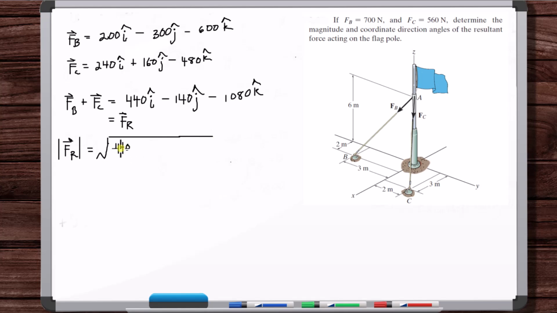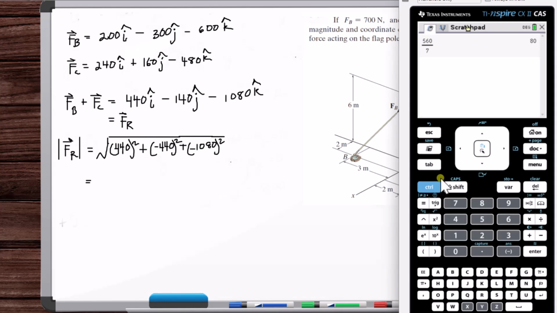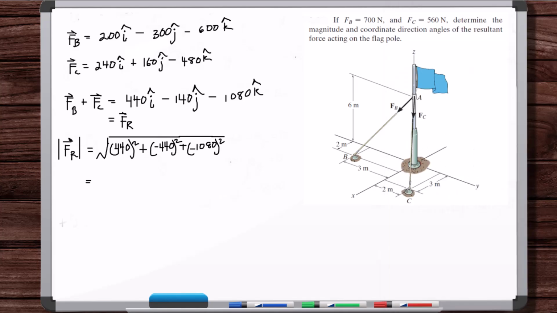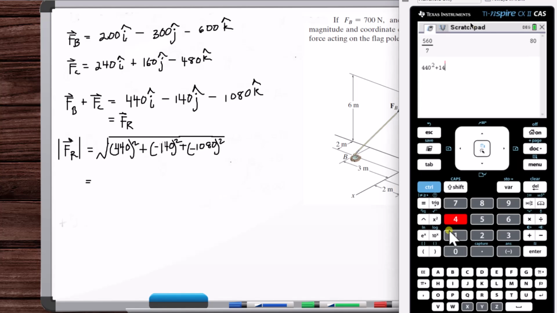The square root of 440 squared plus 140 squared plus 1080 squared, which is 1174.6. Let's call it 1175.